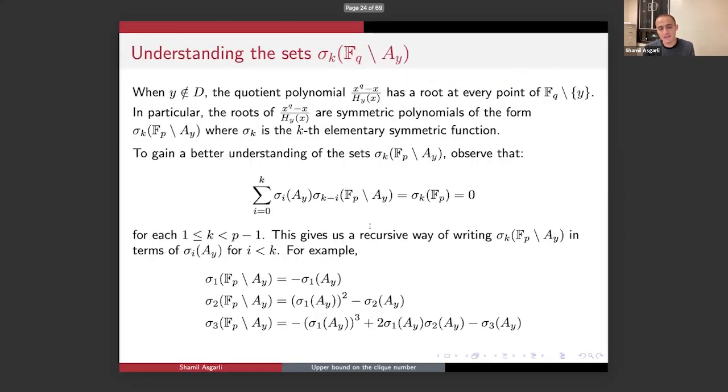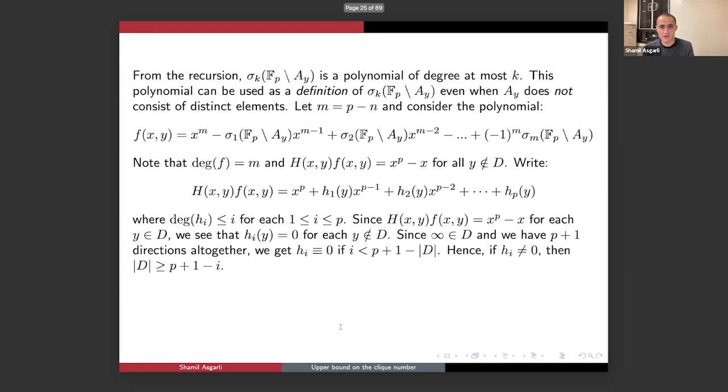We kind of saw it here. Notice that this is a polynomial of degree 2. This is a polynomial of degree 3 in the sigma's. So in general, it's a polynomial of degree at most k in the variable y.